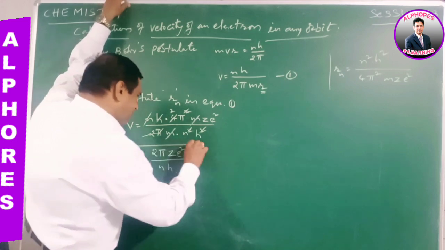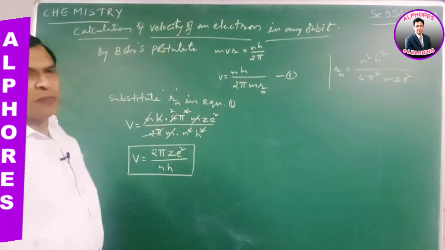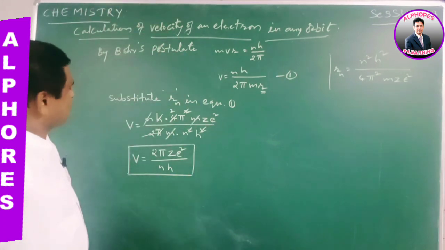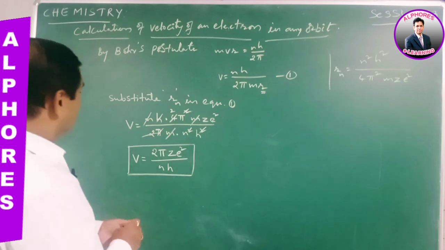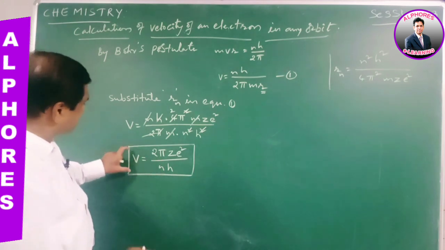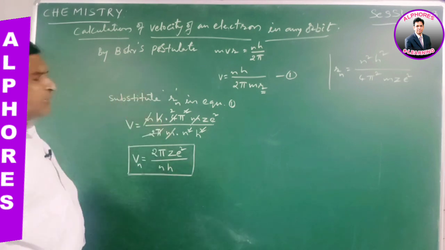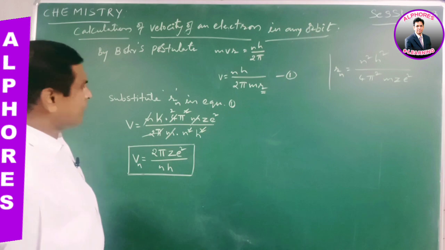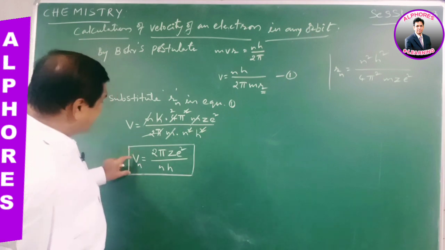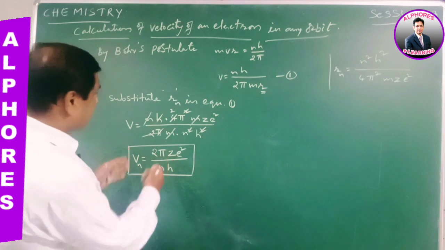This is the velocity of the electron in any orbit. So the velocity of the electron in the nth orbit of a species containing one electron can be represented like this.